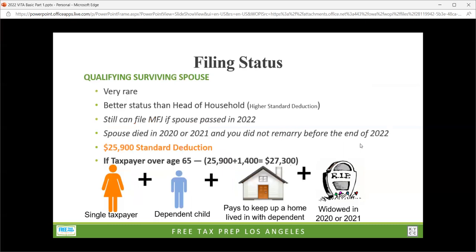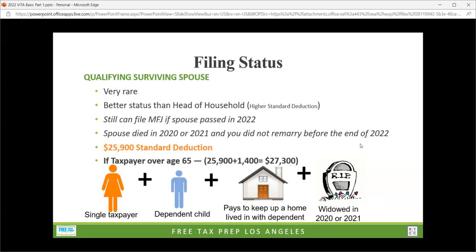Next, qualifying surviving spouse. It is very rare, but maybe you're going to encounter one or two. It has a better status than head of household because it has a higher standard deduction, $25,900.